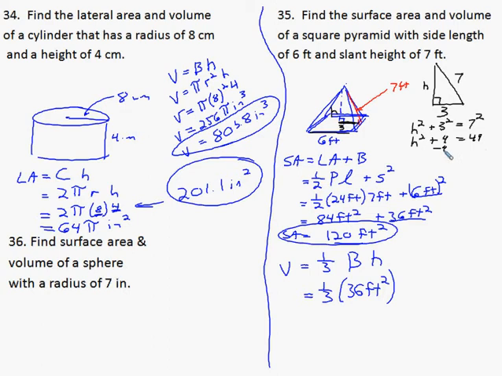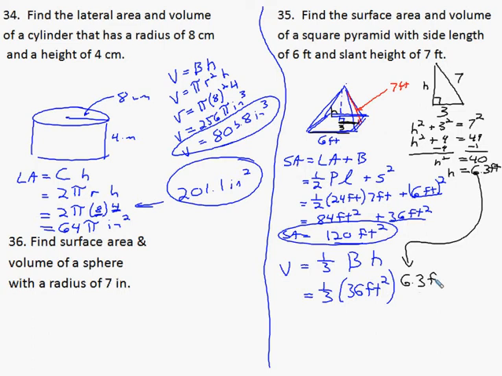Subtract 9 from both sides, and you get h squared is 40. Taking the square root of both sides, you're going to get that h is about 6.3. And this is in feet. And so we had to do that so we could plug in for h here. So we now know that this is about 6.3 feet.